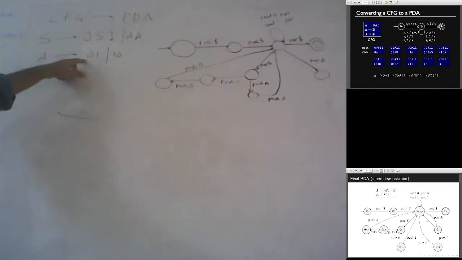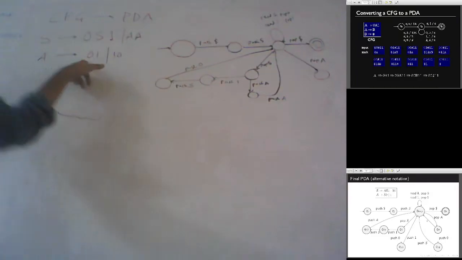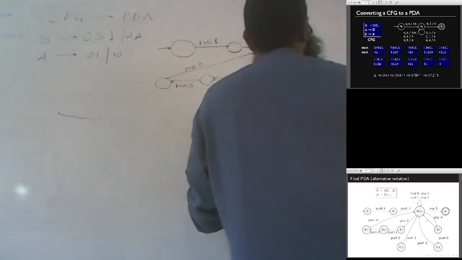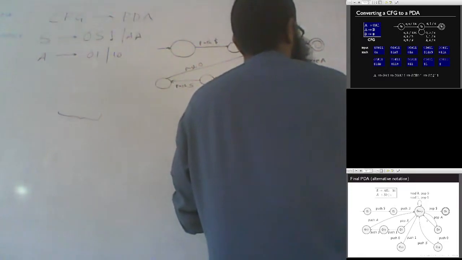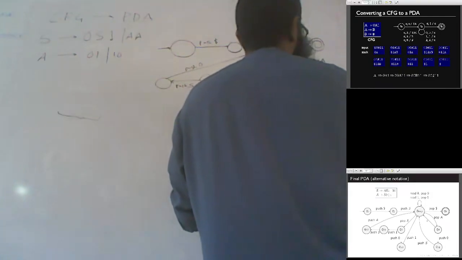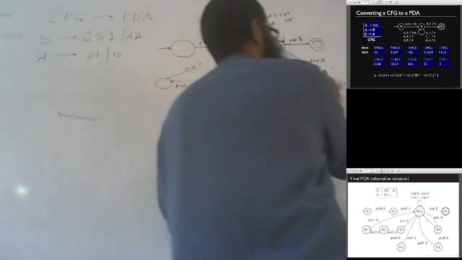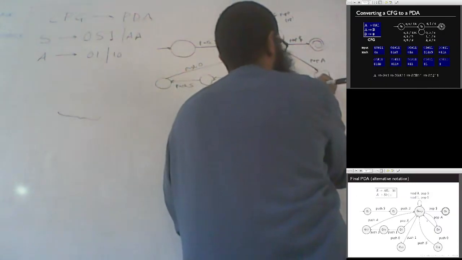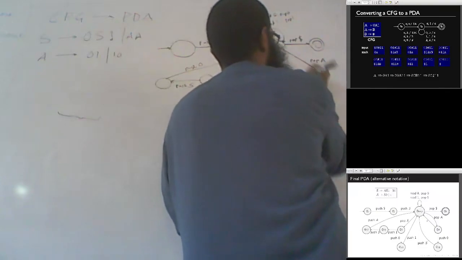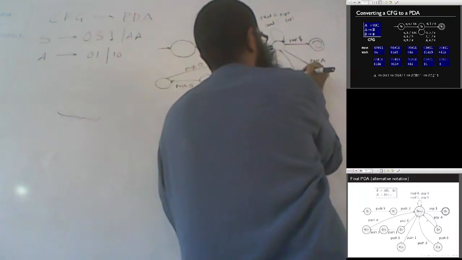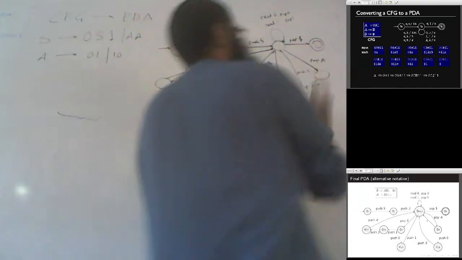Then you have 0 1, which is probably another good example now that I think about it. For 0 1, we actually push 1 first and then we push the 0. So from here, we push 1 to this state, and from this state, you go there and you push 0.